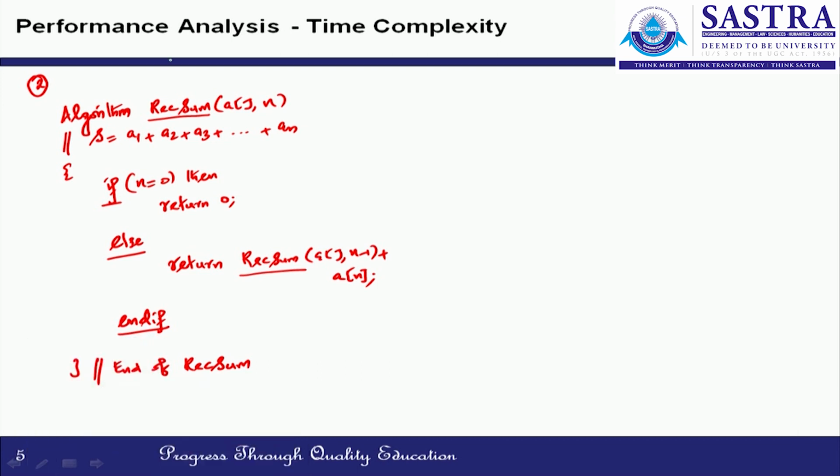First column, algorithm; second column, step per execution; third column, frequency; last column, step per execution into frequency.